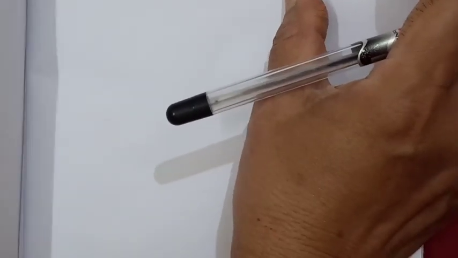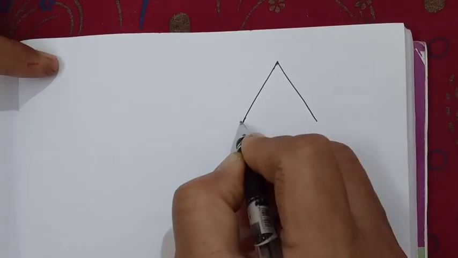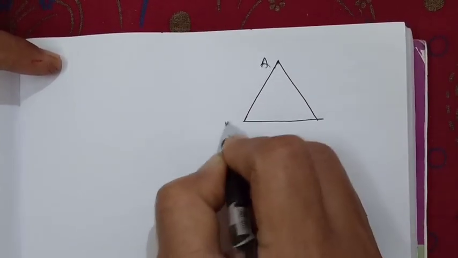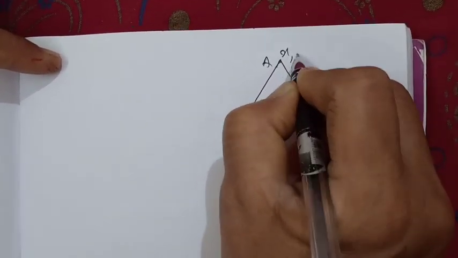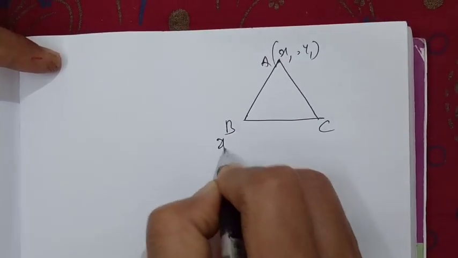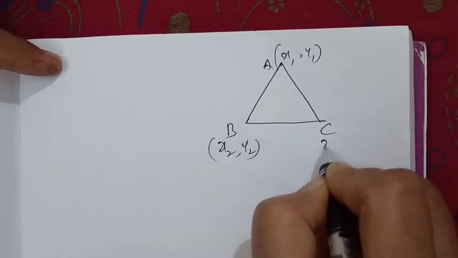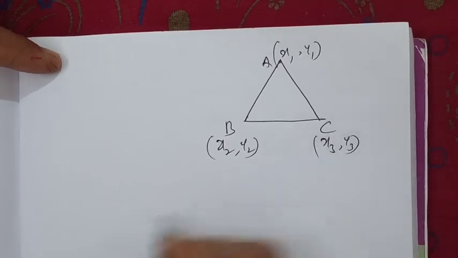What is the centroid formula? Once again, here I will draw the triangle figure. A, B, C, x1, y1, x2, y2, x3, y3.